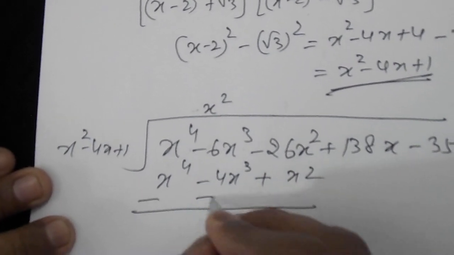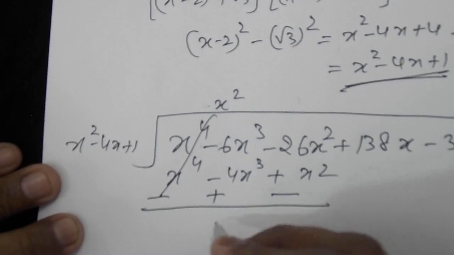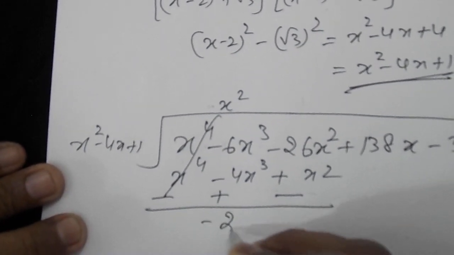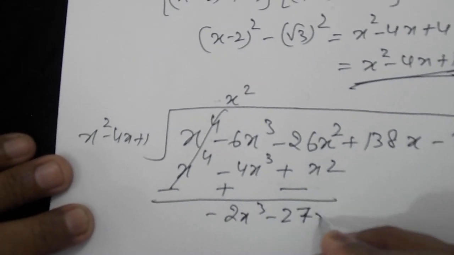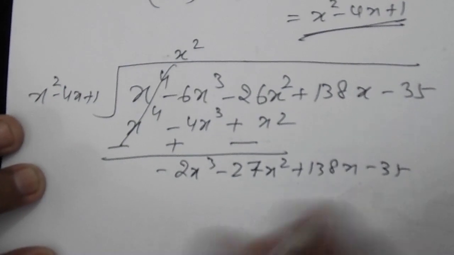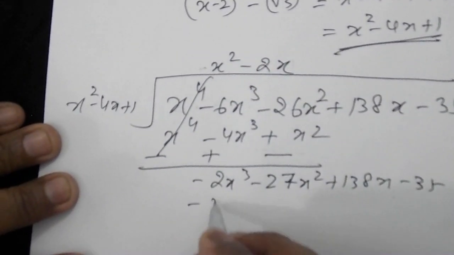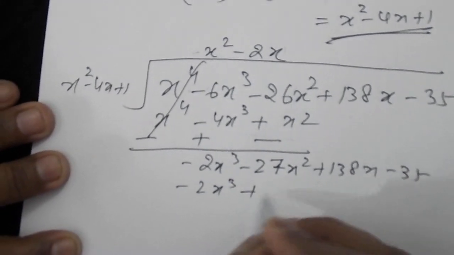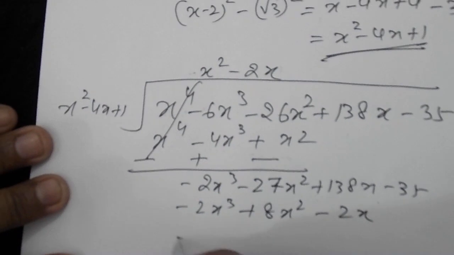You already know how to divide this and subtract this. So this gives us minus 2x cube minus 27x square plus 138x minus 35. Now we multiply with minus 2x. So we get minus 2x cube plus 8x square minus 2x.